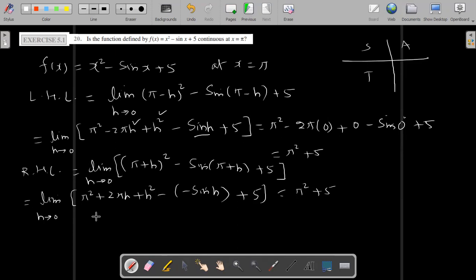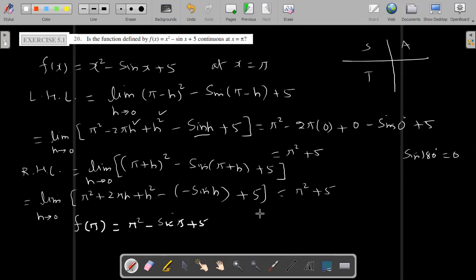Now find the value of pi. So f(pi), the value of the function at pi will be equal to pi square minus sine pi plus 5, sine 180 degree. So sine 180 degree is also 0.